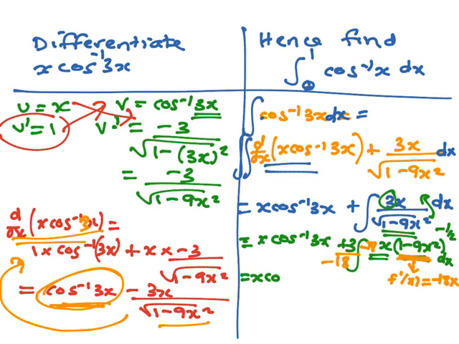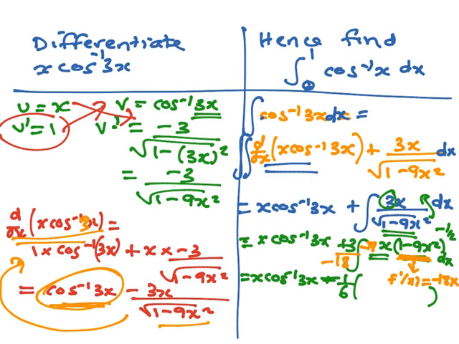So you have x cos⁻¹(3x) plus, now you've got plus 3 on minus 18, and that will give you, I'm just checking I got all my signs right. Yeah. That will give you minus 1 on 6.